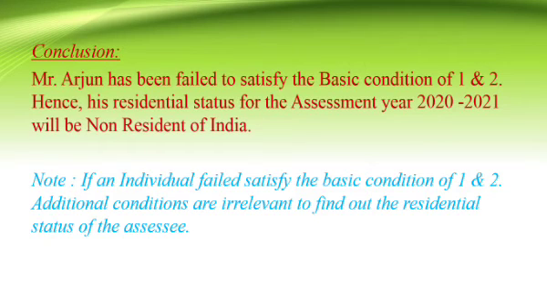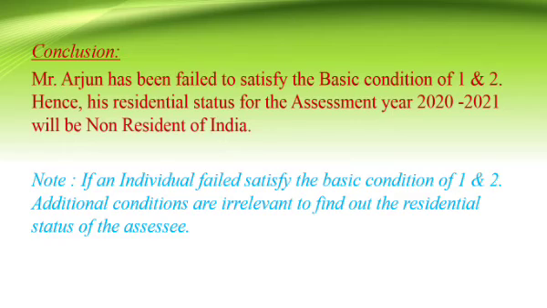Then 2015-16 is nil, because he is a German resident and came to India only in January 2017. Before that he was outside India. So he stayed in India nil days in the previous year 2015-16.